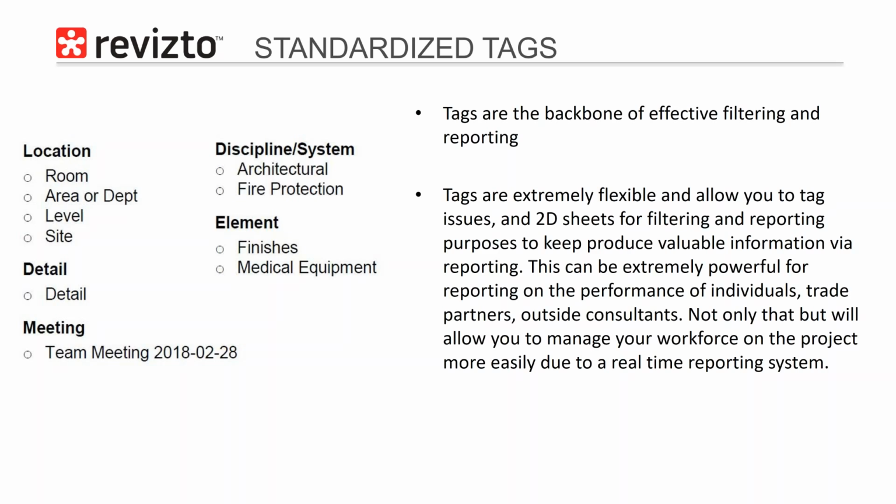All you care about at that point in time are your issues. And that's where tags come into play. If you're that trade partner that wants to filter this project by your issues, as long as those issues are tagged by your company name or your trade name, you can filter those tags immediately inside the issue tracker and see what's important to you.